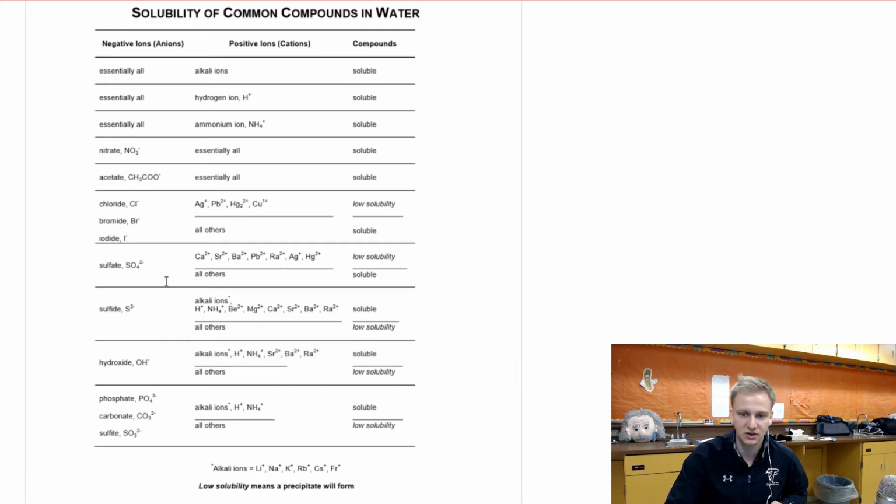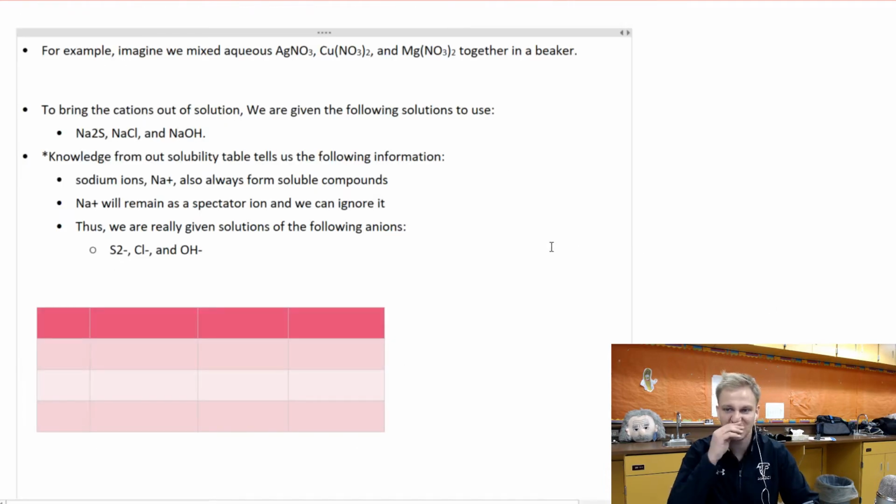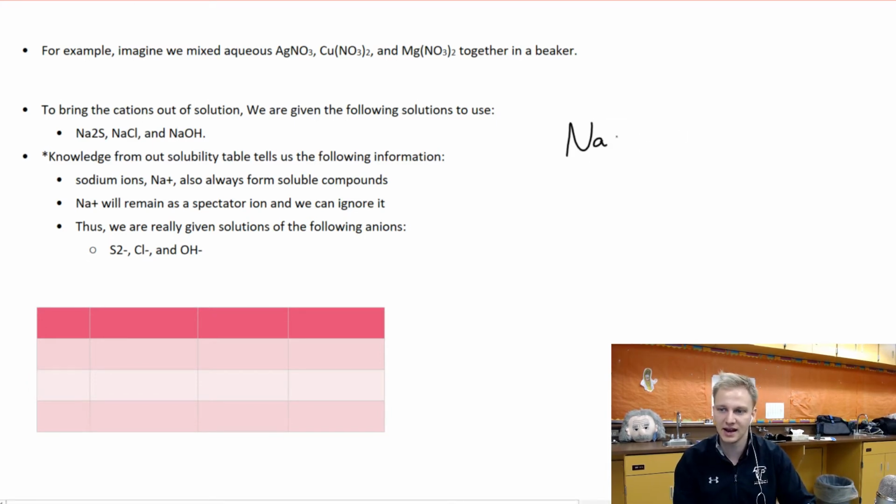Alkali ions, soluble. And so basically anytime we have a sodium, we know that that is going to be soluble. And so what we then have is the potential situation for the formation of a NaNO3, which is very soluble.